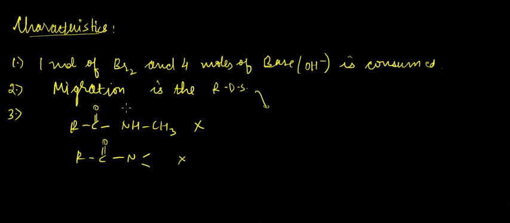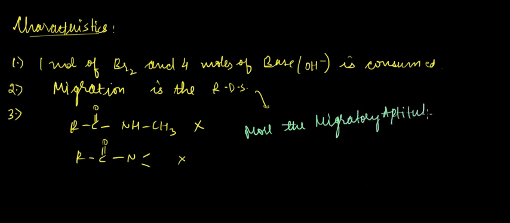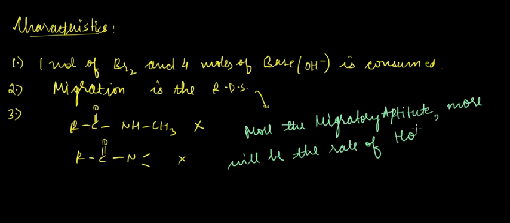If I need to explain this more, the more the migratory aptitude, the more will be the rate of Hofmann bromamide reaction.